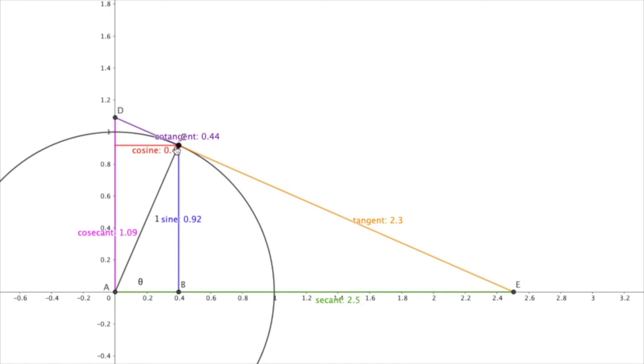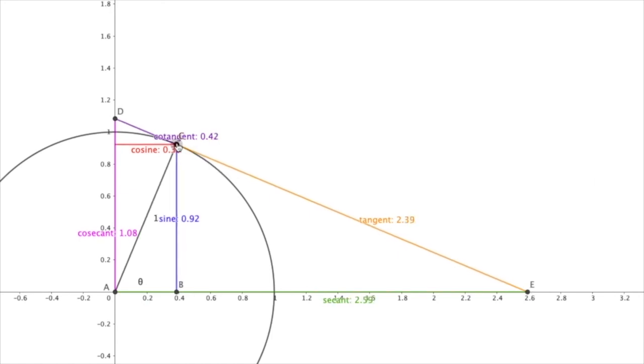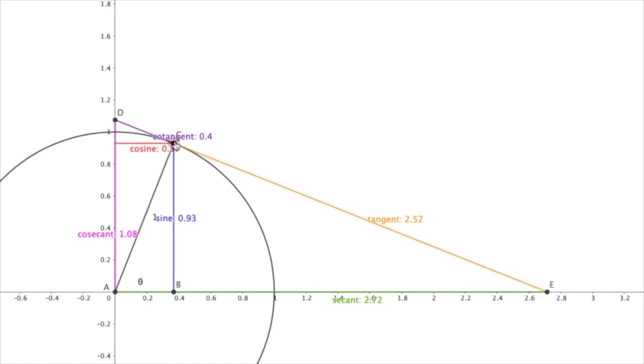And then for the tangent we could make the cot into 0.4 as well, and because these numbers are rounded off I have to jig about a bit, but we've got cot being 0.4 and tangent being 2.5.